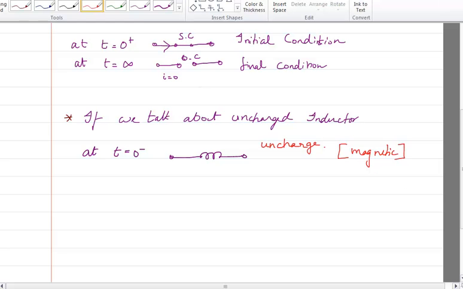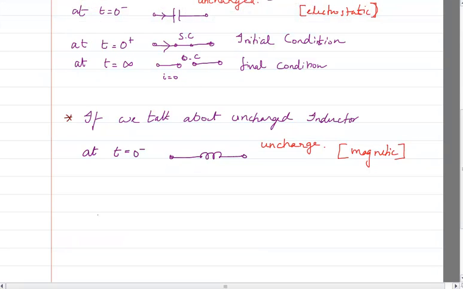So if that is the case, that means initially it is uncharged, then at t equal to 0 plus, if you would try to pass current through the inductor, initially it will oppose. That is the nature of the inductor. Initially it will oppose any change in current.